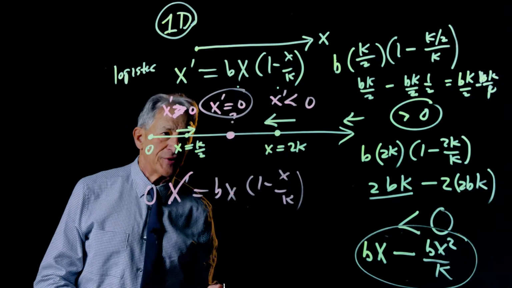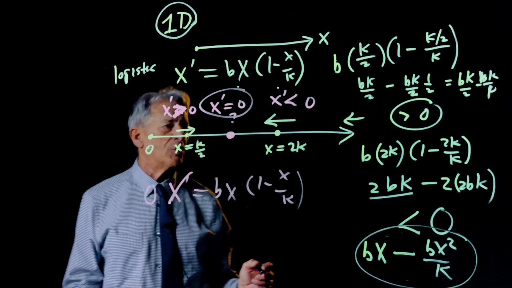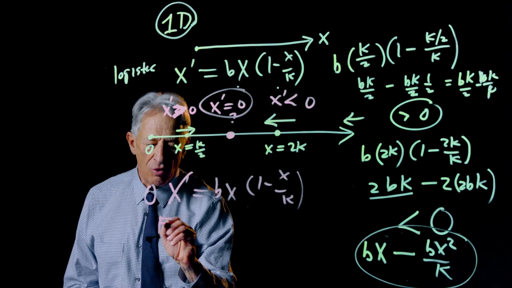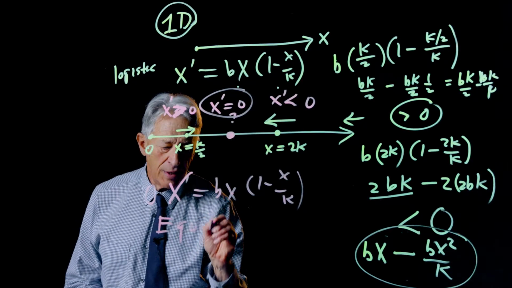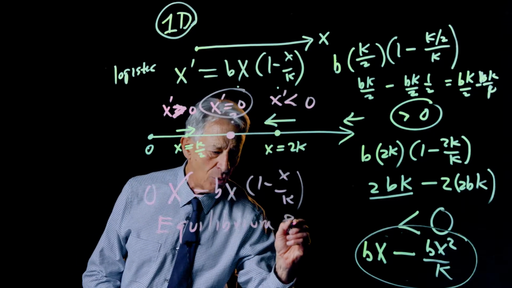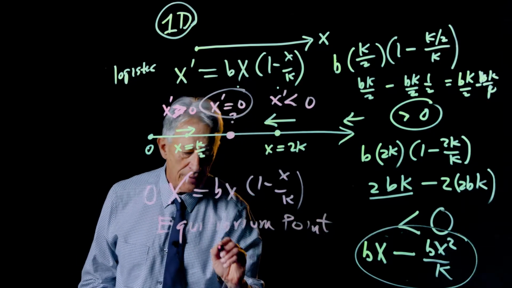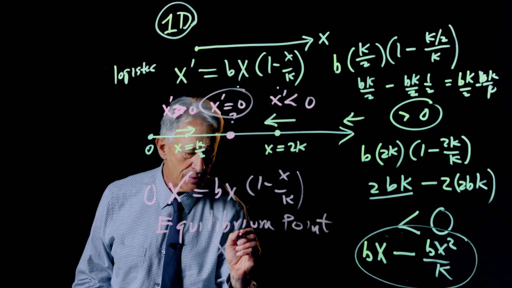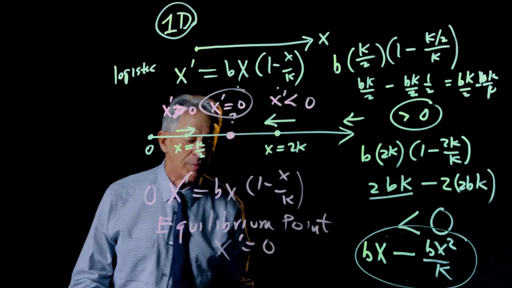A point like this is a super important point, and it is called an equilibrium point. And that is defined as a point such that x prime equals 0.